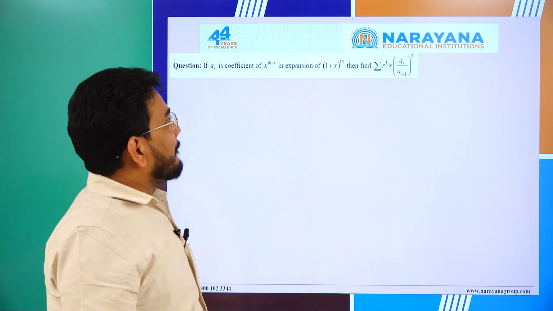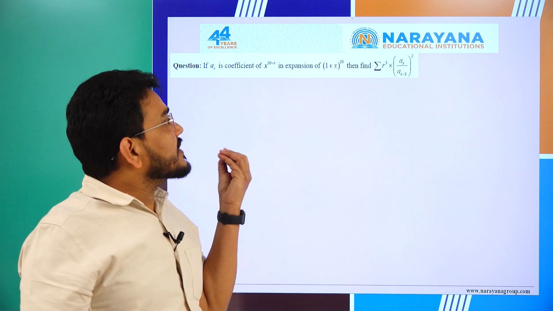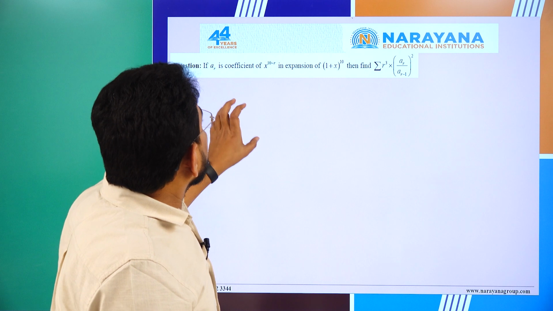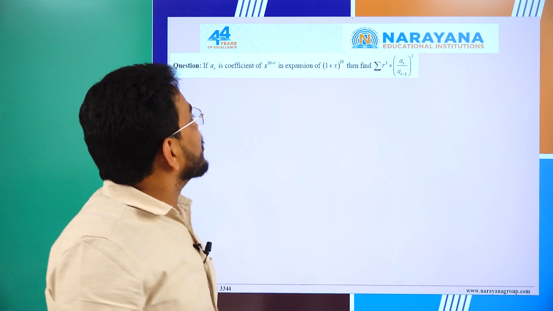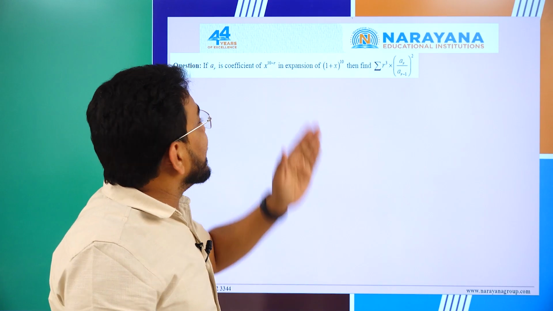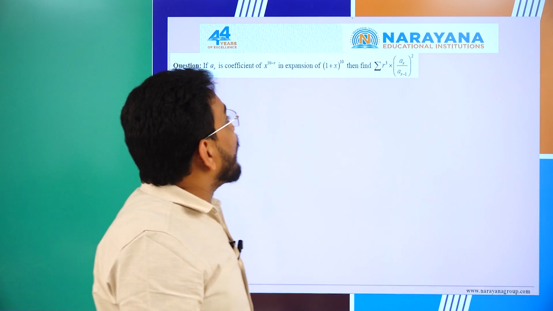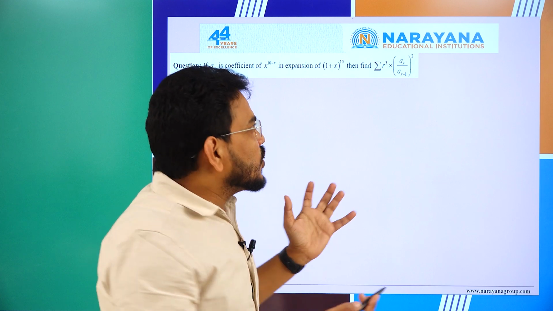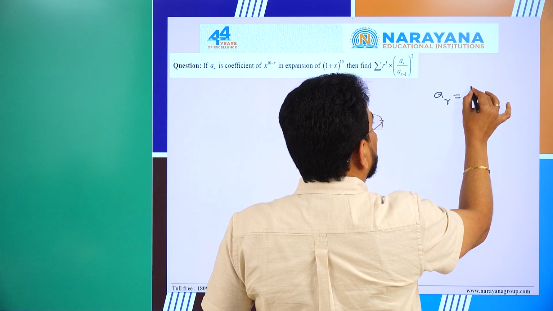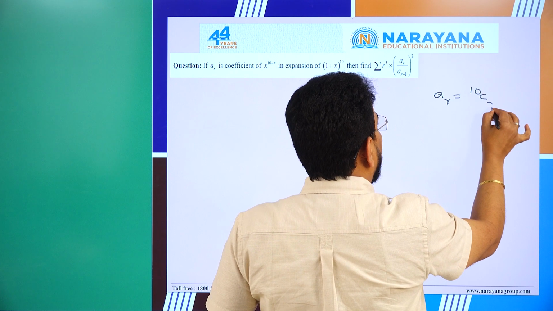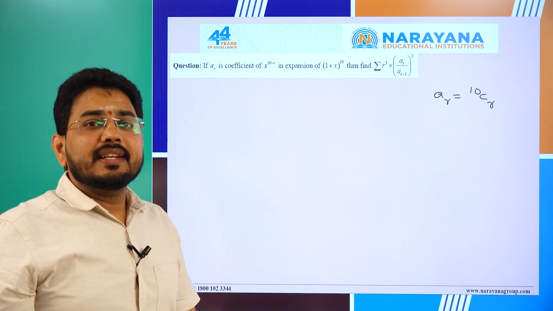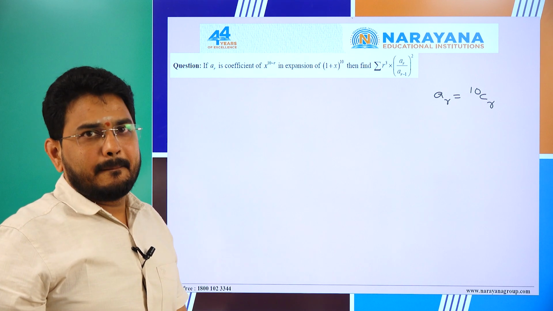Question number 4, yes, it's a binomial theorem. They are talking about AR is the coefficient of x to the power of 10 minus r in the expansion of 1 plus x power 10. So clearly here AR is equal to 10 CR.